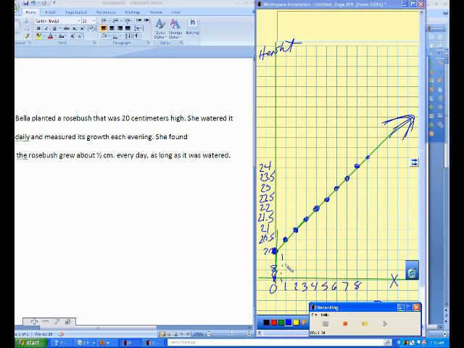Now I'm going to point out some important terms that you really need to know as we're transferring this stuff among graphs and tables. First of all, let's look right here on the graph. There's a special word for this 20 that we started out with, and it is called our initial amount.